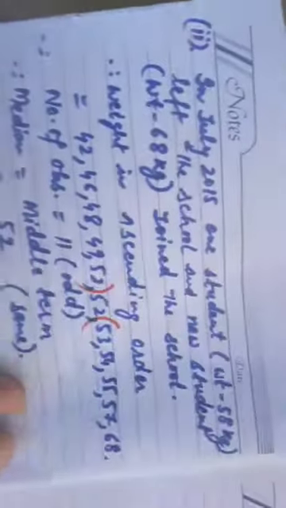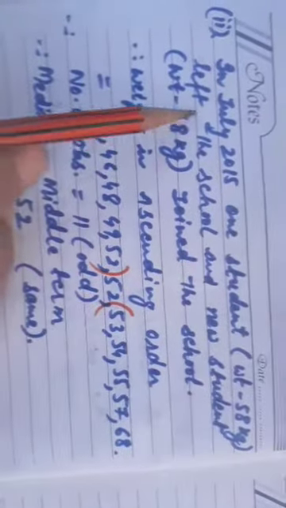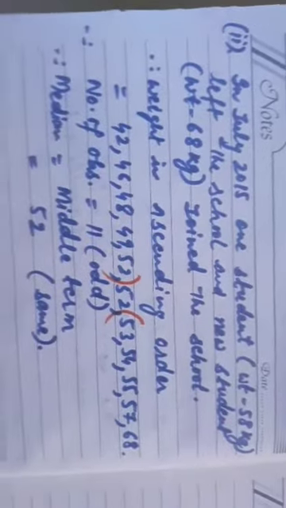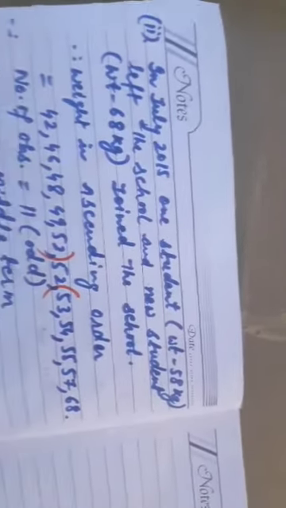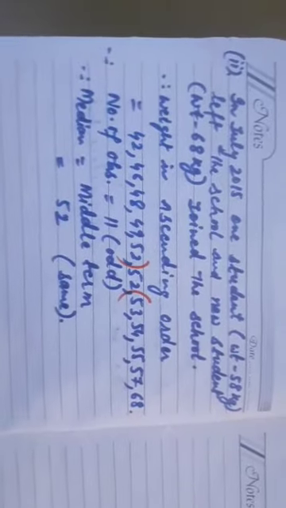But in the second part, one student in the month of July, whose weight was 58 kilogram, left the school and a new student joined this class, whose weight is 68 kilogram. So in this case firstly again we will arrange it into ascending order.